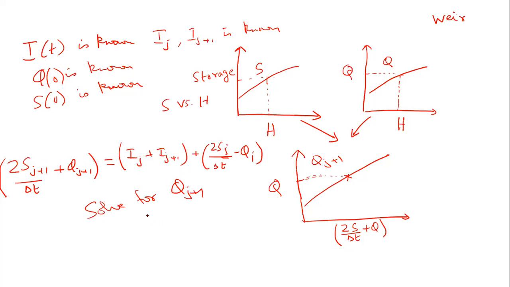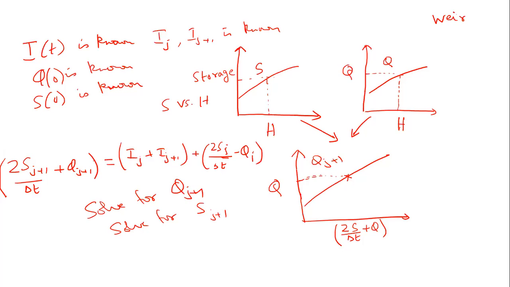Once I know Qj plus 1, you solve for Sj plus 1. Then go to the next time step. When you go to the next time step, the j plus 1 values become Qj and Sj. You solve for the next time step, and so on. All right.